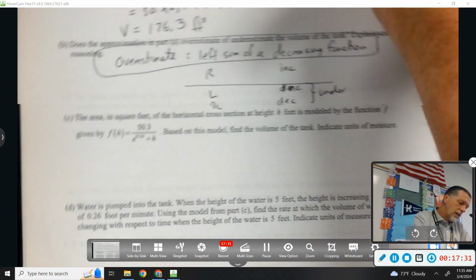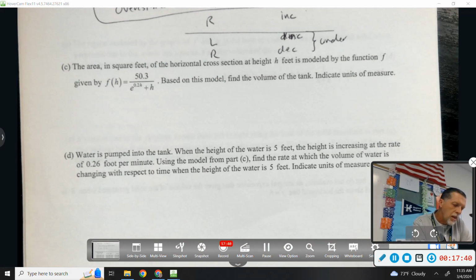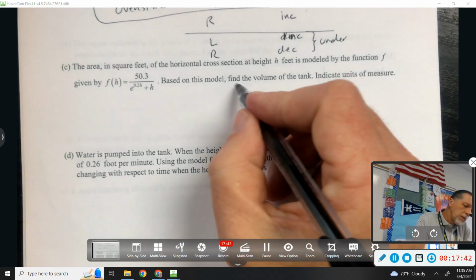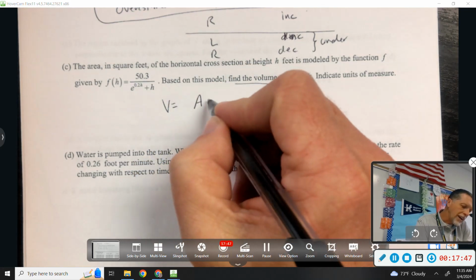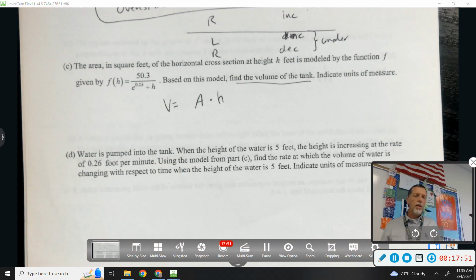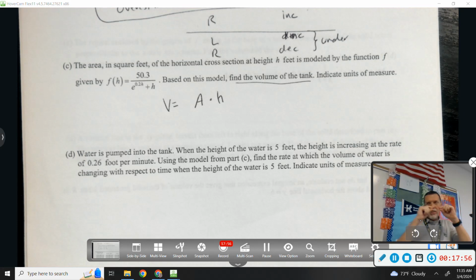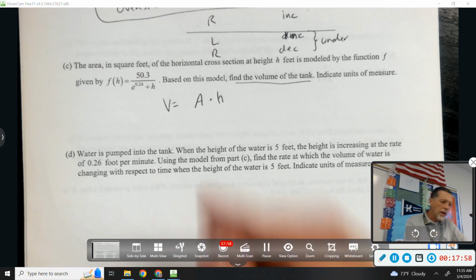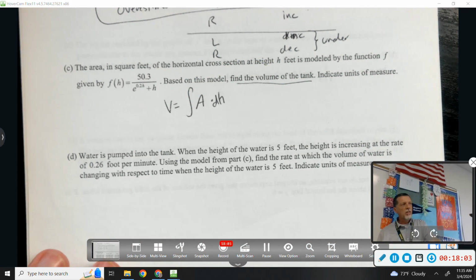Part C. The area in square feet of the horizontal cross-section at height h is modeled by the function f of h equals that ugly thing. Based on this model, find the volume of the tank. So we're still going to do kind of the same thing, area times height, but because I know the area at each individual little slice all the way up, I can add them all up, dh.